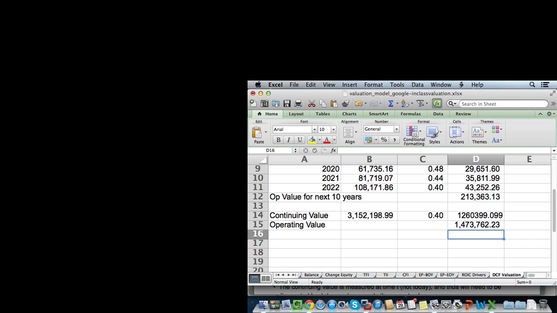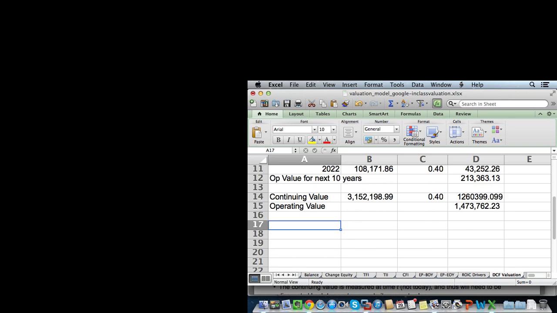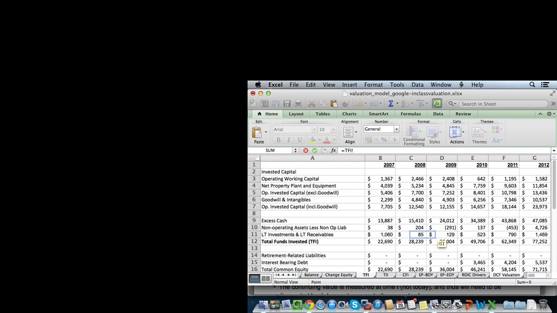So what we're then going to do is add in our non-operating values. All right, so 1 plus 2 equals enterprise value. So now we're going to add in the non-operating cash values to equal our enterprise value. And this is where our economic statements are going to help us. Because on the statement, and I'll start with row 17, of TFI, we have already labeled the 3 non-operating items that we have to value.